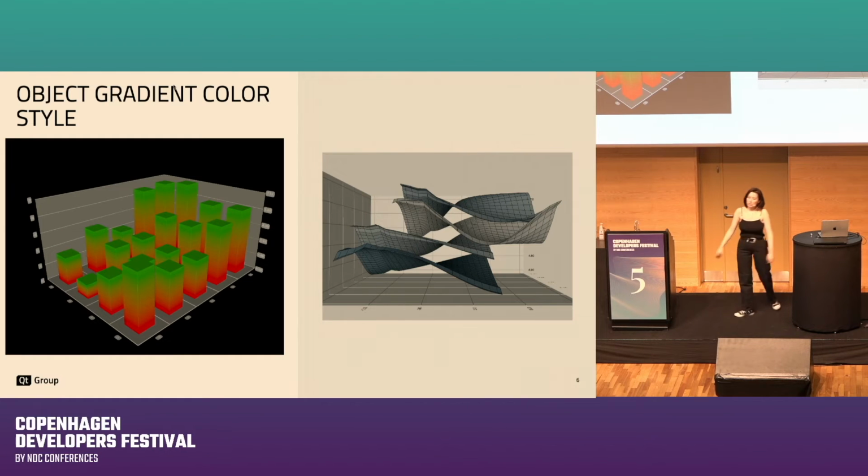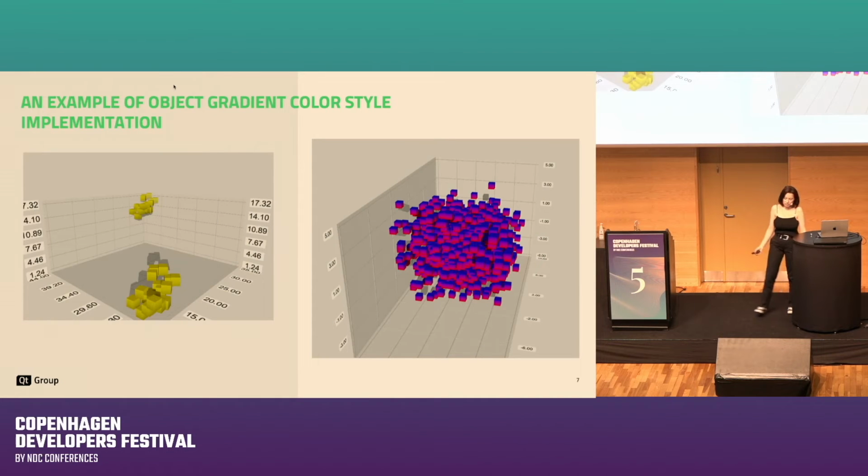So you may be wondering where we are going to use that. And this is an example for it. These two types of graphs are created with object gradient. As you can see, points are densely clustered in an area. So let's think about whether to use color or gradient for them.